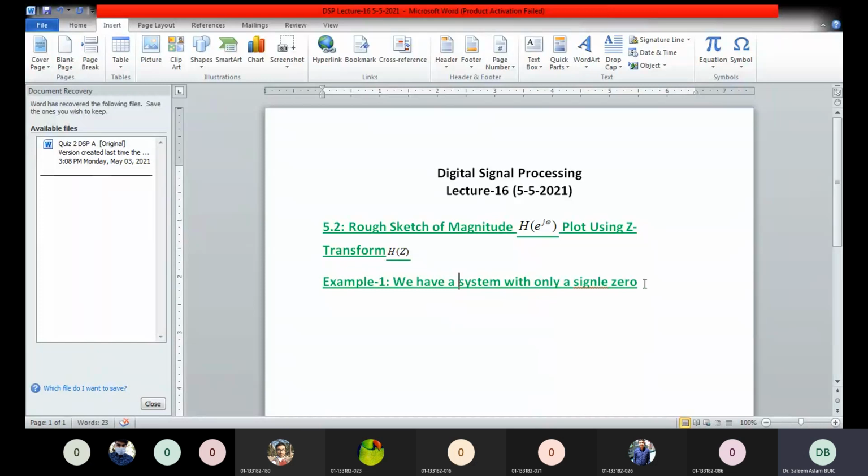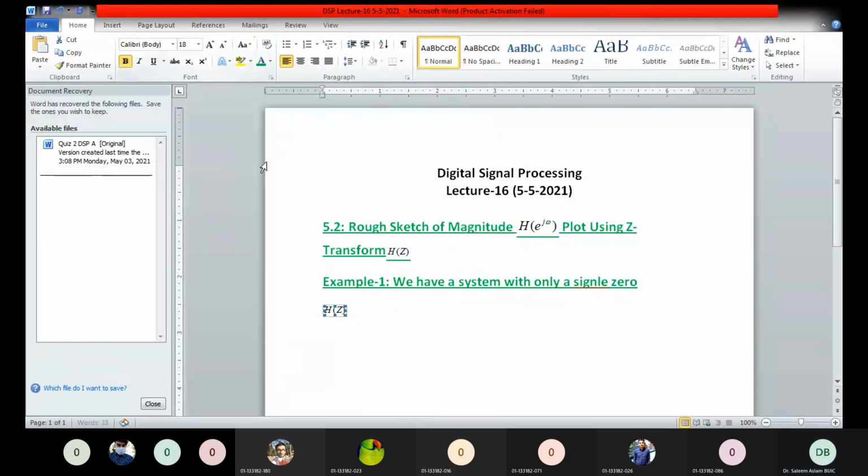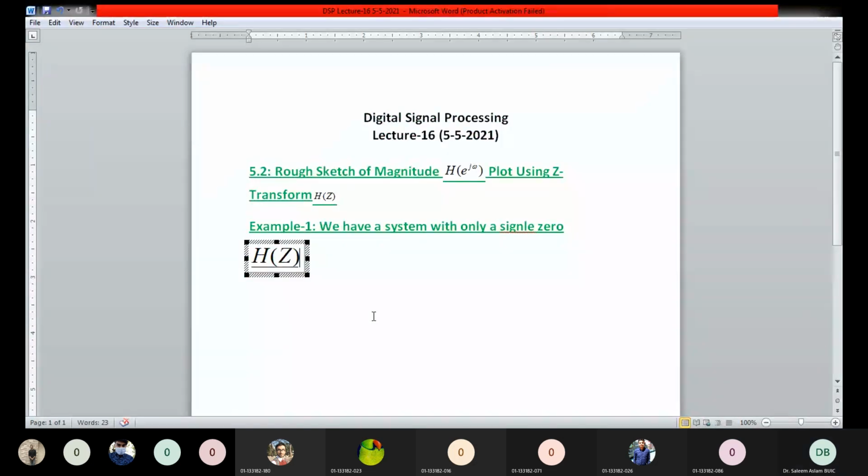We know that a system that consists of a zero can be represented by this equation. So this could be H(z) equal to 1 minus 0.6 z inverse. So this is a simple system which has only a single zero.